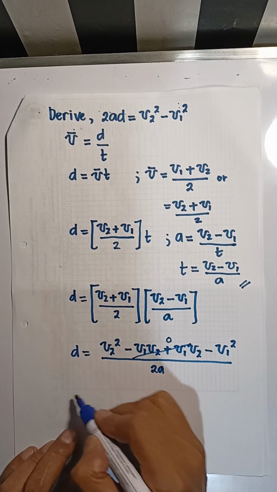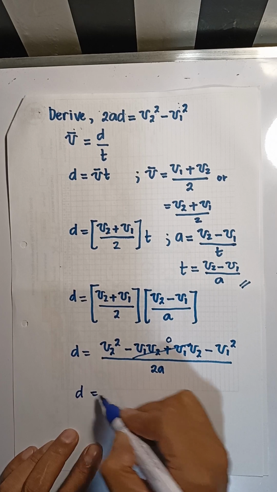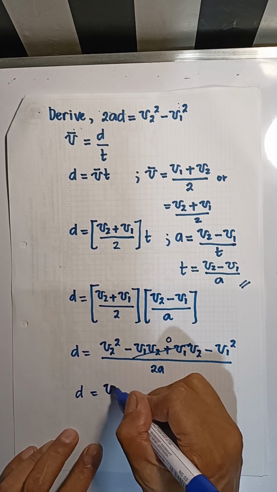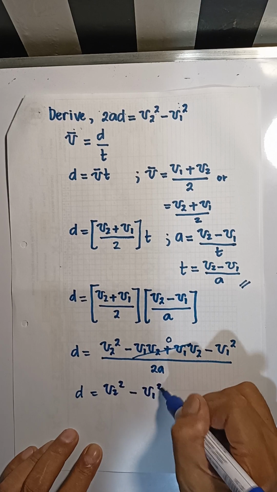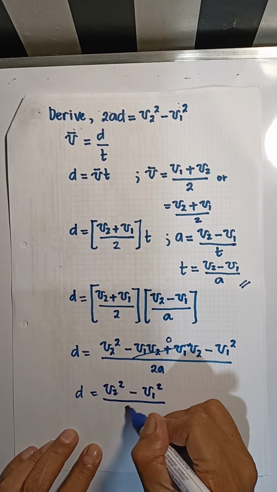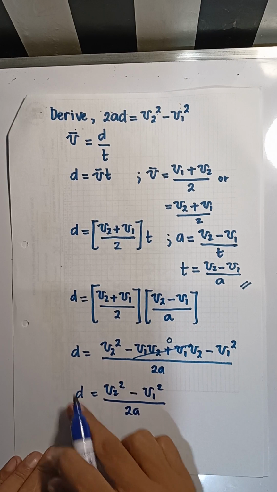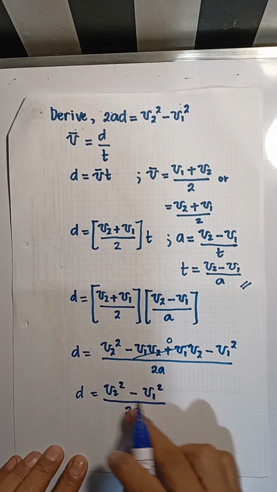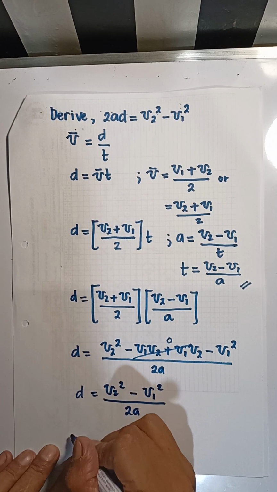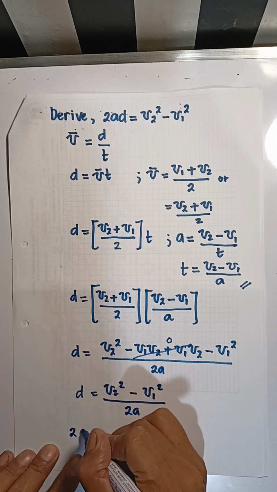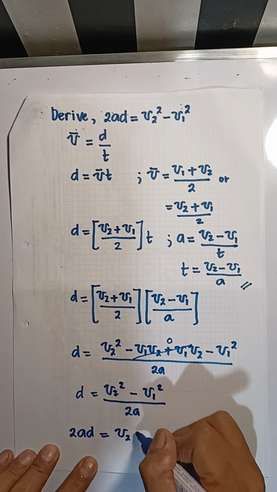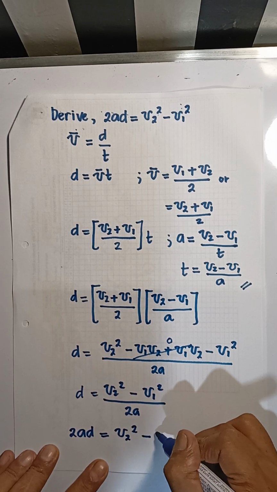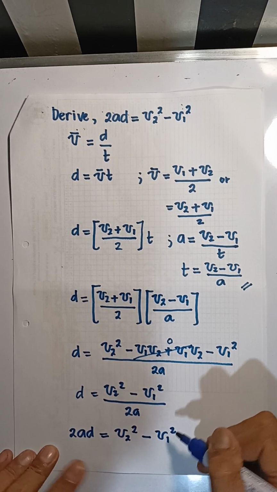So therefore your d is equal to v sub 2 square minus v1 square all over 2a. Then cross multiply this, 2a times d, that will be equal to 2ad equals v sub 2 square minus v1 square.